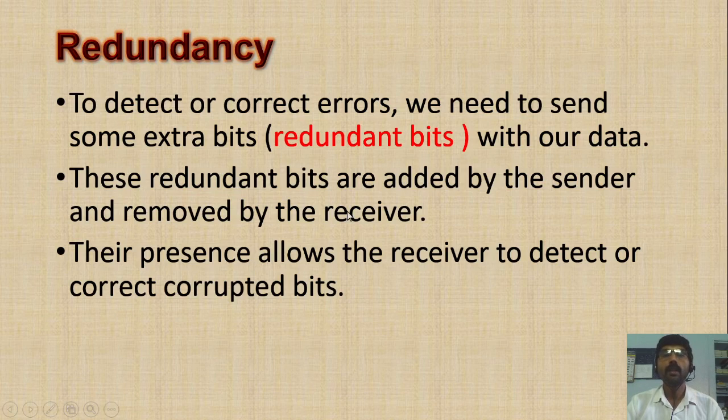Once he finds the data is not corrupted, he removes the redundant bits from the data and sends that data to the computer. These redundant bits allow the receiver to detect or correct the corrupted bits.